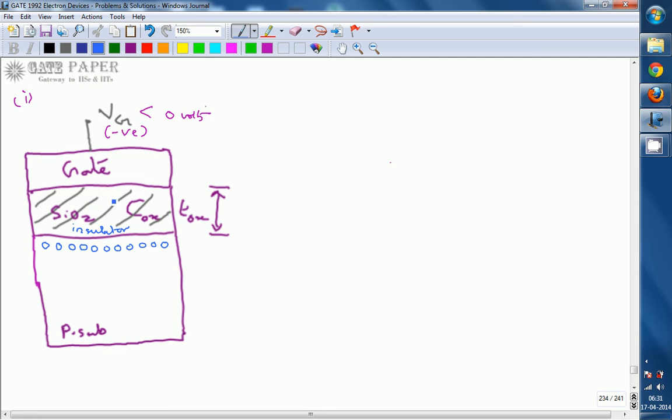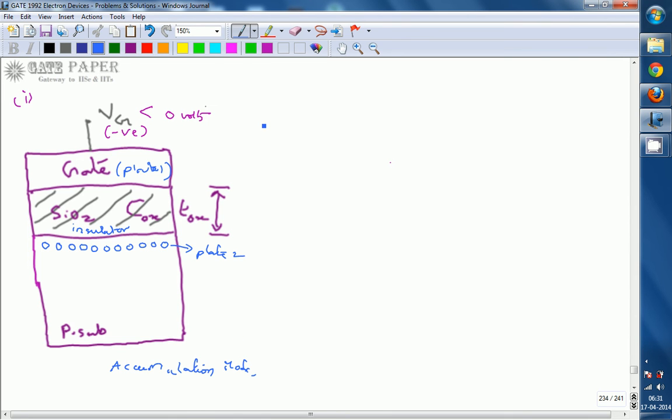Now these holes form plate 2. The holes around this point are treated as plate 2, the gate acts as plate 1, and the silicon dioxide acts as the dielectric material. This is called accumulation mode.